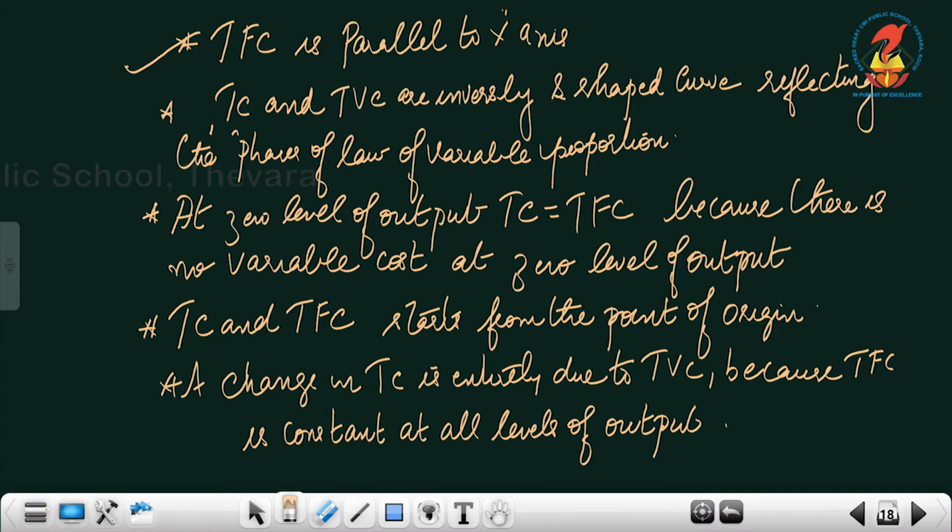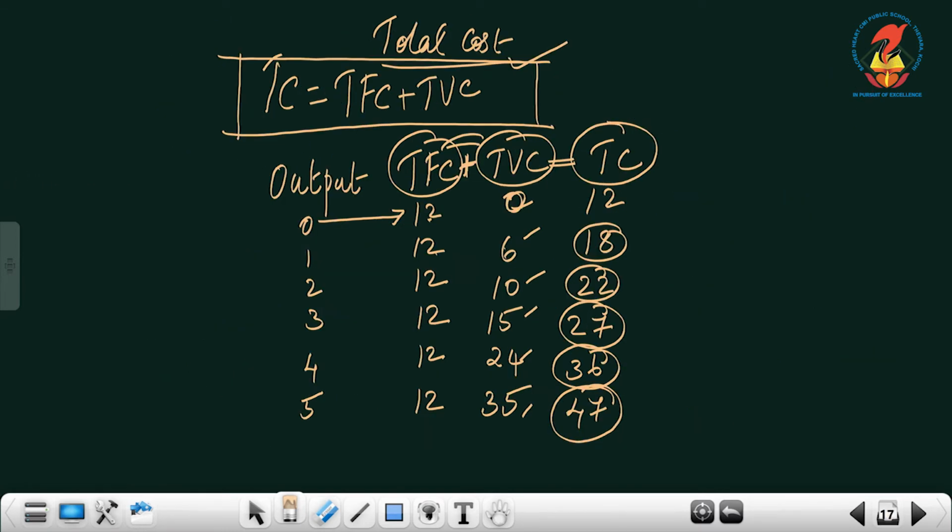Next one. TC and TVC are inversely S-shaped curves. You can see output as 0, TFC as 12, and TVC as 0. So, when you add these two, you will be getting TC as 12. Now, come to the second part, that is the first level of output. You can find TFC remains 12 itself, but TVC is 6. When we add this TFC and TVC, you will be getting TC as 18.